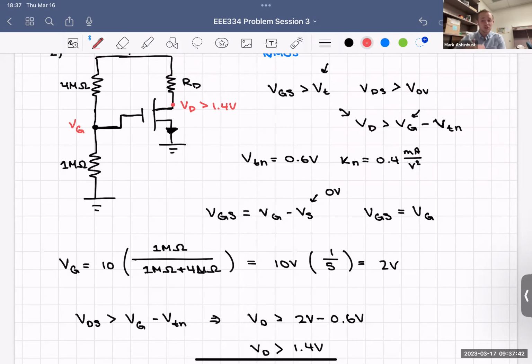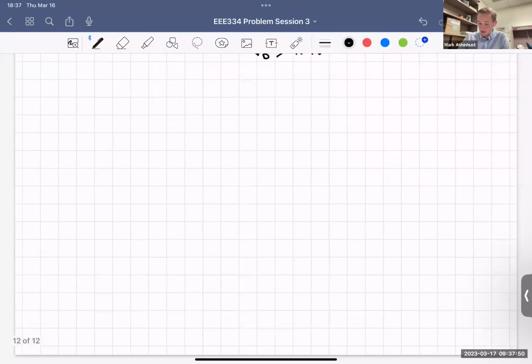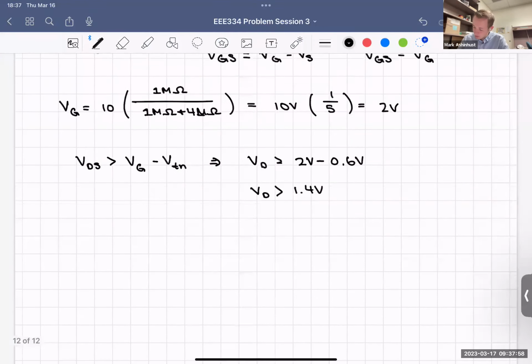So we just found the condition we need to ensure that we're in saturation, which is a very important thing for us to have. And that's going to allow us to eventually solve everything here. So VD must be greater than 1.4 volts. Well, what's the one thing we don't have here? The one thing we don't have here is VD. So what's the equation for VD?